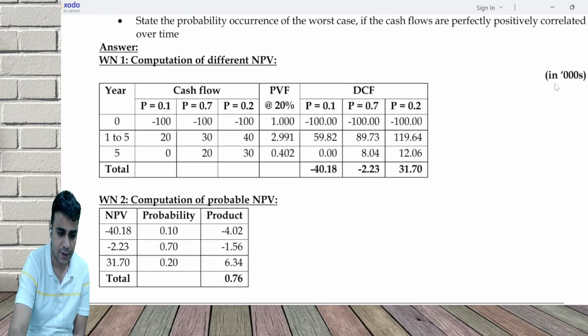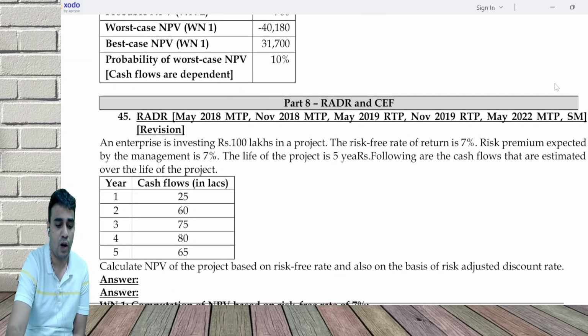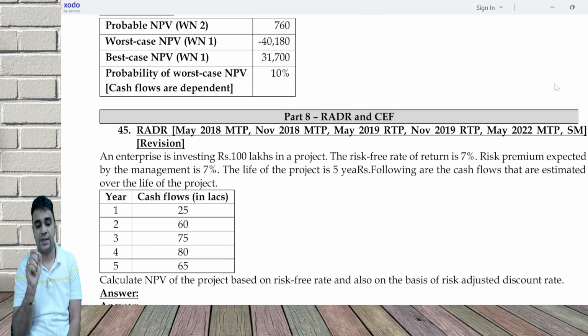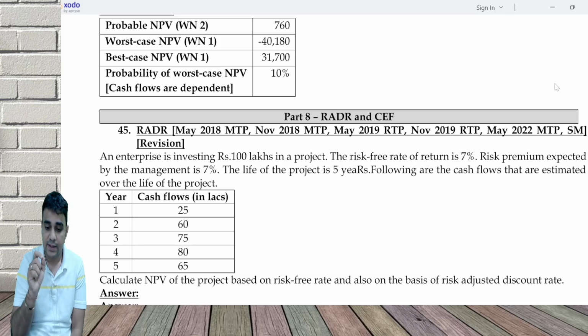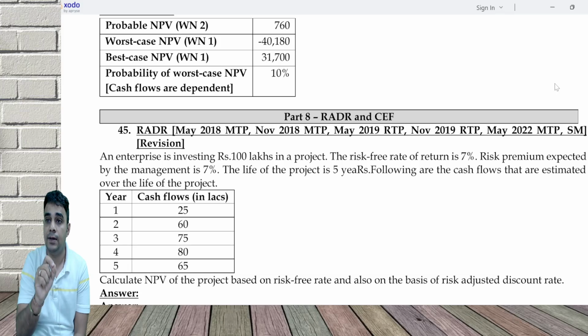Extremely simple questions. We will discuss a few, we'll solve a few. An enterprise is investing 100 lakhs in a project. Risk-free rate of return is 7%. Risk premium is 7%. Life is 5 years. Cash flows are given. Calculate NPV based on risk-free rate. Year, cash flow, PVF at 7%, DCF, that is NPV at risk-free rate.